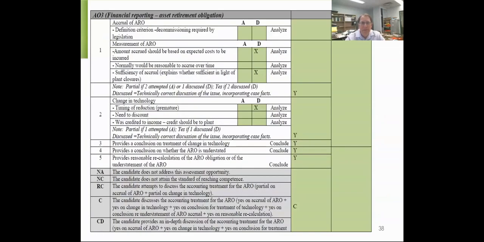All right, so we had 1 AO for asset retirement obligation. Okay, fine. I sure did not get everything here, but you know what? I didn't need everything. I did nicely the accrual and stuff. I did get my yes here in the first one. I got 2 discussed. Look at the X's. And I got it here also. I got 1 discussed about the change in technology.